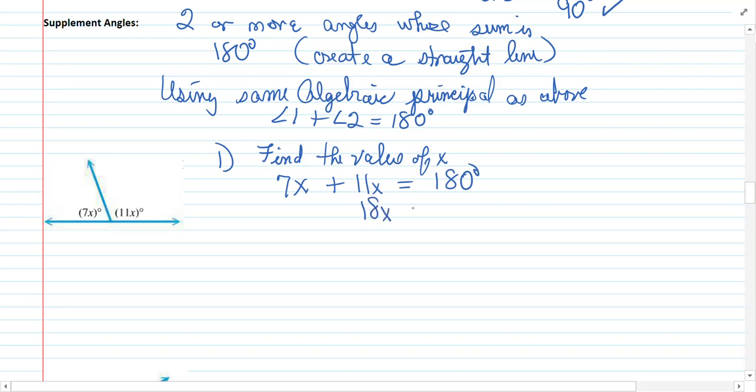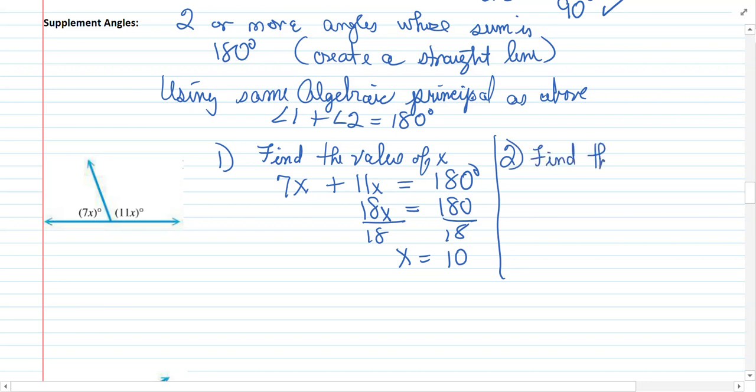So I have 7x is one angle, plus 11x is the other angle, equals 180 degrees. This is 18x as I combine like terms. Now I'm going to undo multiplication by division, and by now you're used to me. So x is 10. Our second part is find the values of the angles.